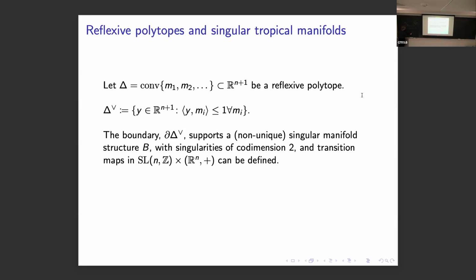And then you want to, of course, look at the transition maps. So let's say that this codimension 1 part is identified with this one. Then the transition map will not be differentiable there. So we have to reduce the size of these sets a little bit. So now comes the choice, which makes this construction non-unique.